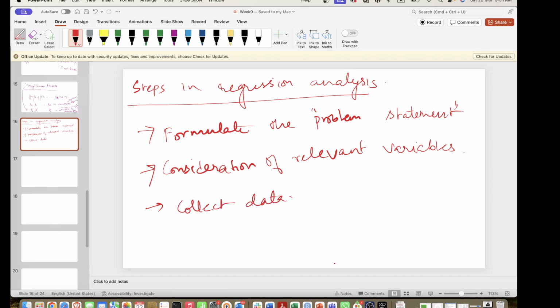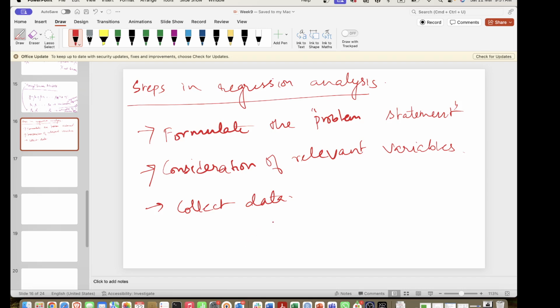It would be very nice to have, but we mostly are restrained by cost and time. So we have to make the best out of whatever available resources we have, choose the relevant variables, and then proceed with data collection.